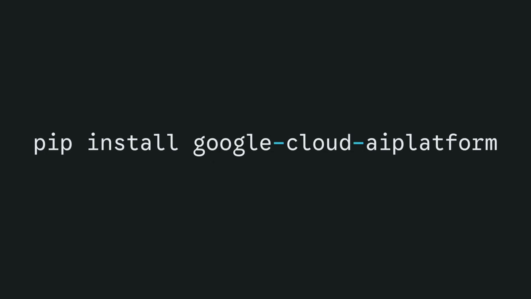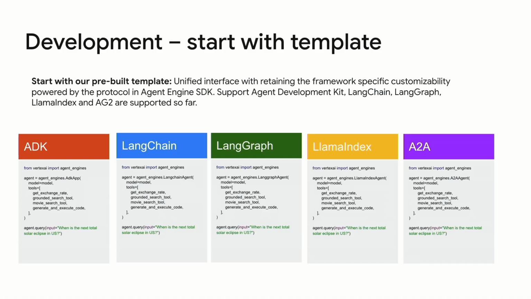Getting started is as simple as a pip install. Agent Engine is part of the main Google Cloud AI Platform SDK. To make development even faster, we provide pre-built templates. Whether you're using our own agent development kit or the popular open source frameworks like LangChain, LangGraph, or LlamaIndex, you can initialize the production-ready agent within a few lines of code.